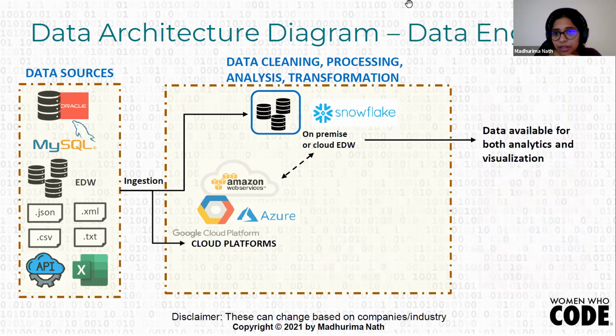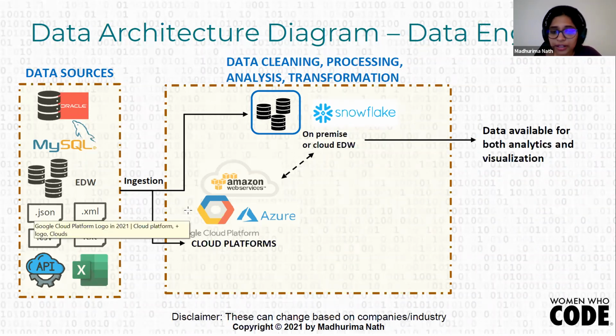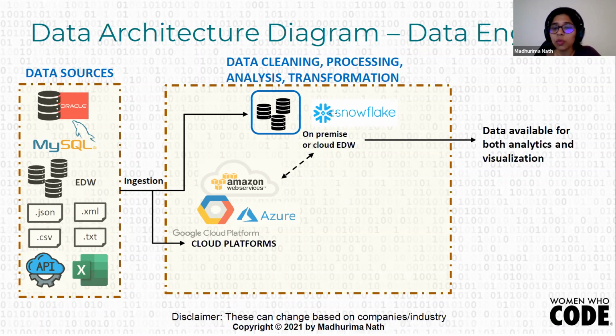For example, if I'm a data engineer, my major task is to identify all of these sources and ingest everything into a common format, either into one data warehouse or one database, or a cloud data warehouse or a cloud system on cloud platforms like Azure or Google or AWS.